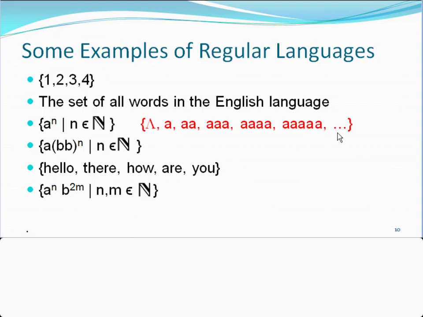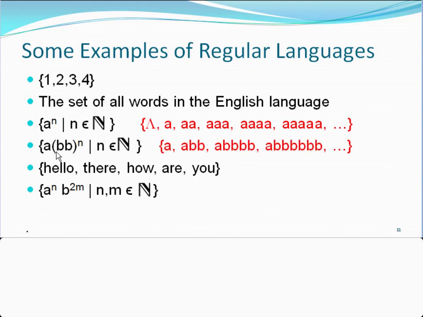This is just a nice shorthand way to write this set. Lambda is in here because when n is 0, we don't have any a's at all. When n is 1, we have 1 a. When n is 2, we have 2 a's. When n is 3, we have 3 a's, and so on. Here's another language that is regular. So what is this language? Just take a look at it for a minute.